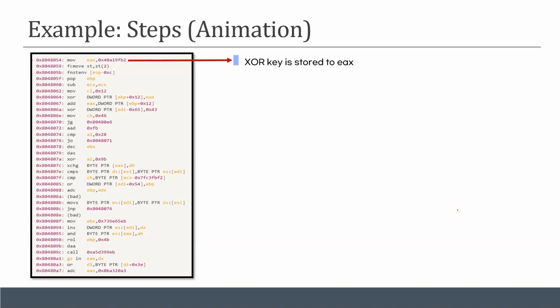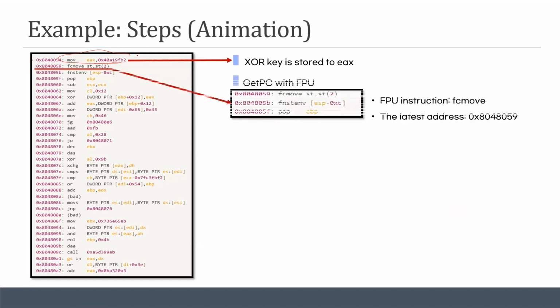It represents that XOR key that is stored to EAX. So now the audience is just focusing on the first line only. Okay, EAX, with the move instruction, some value is stored to the EAX register. Okay, good. What is the next thing?